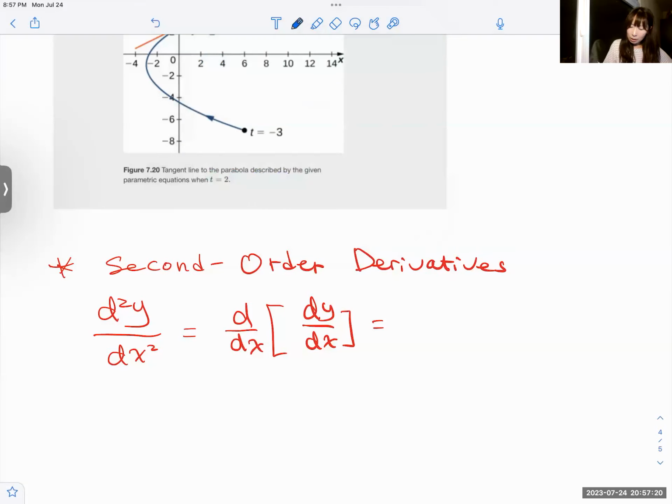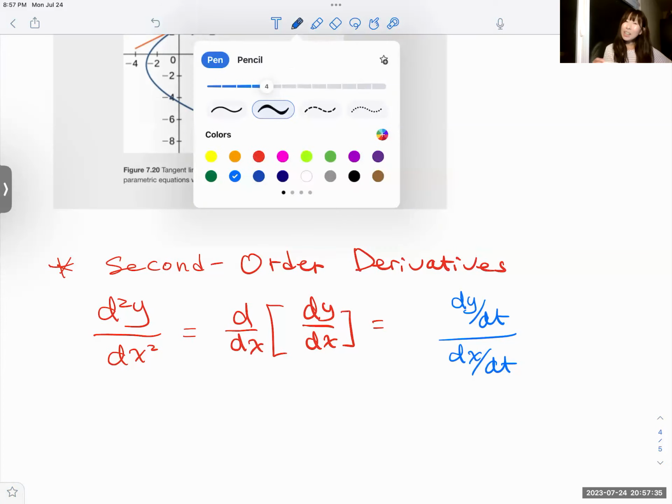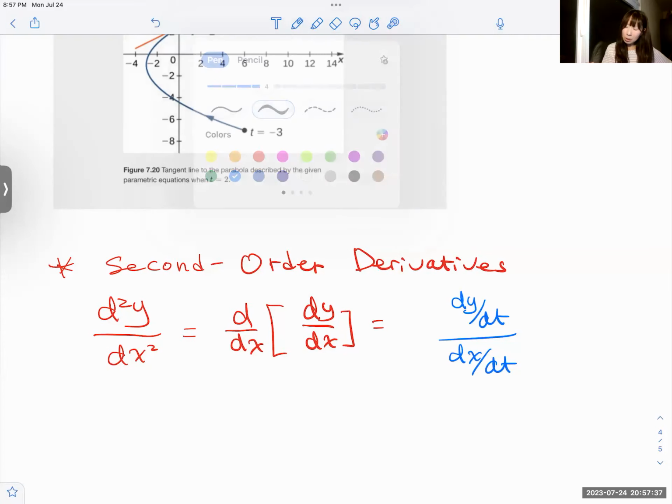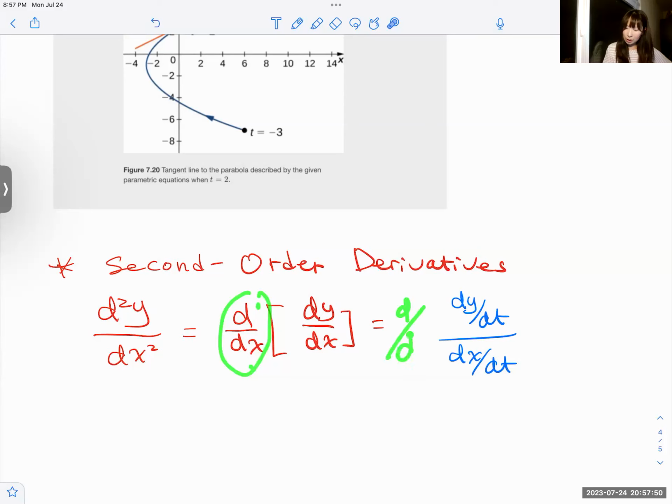Then we had dy over dt over dx over dt, right? And then d over dx again. But in that case, look, we make the derivative with respect to t. We made the derivative with respect to t, right? So instead of d over dx, we are using d over dt.